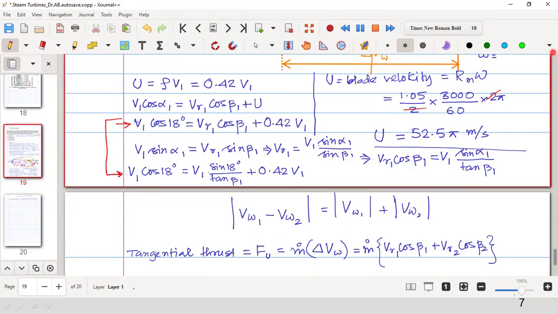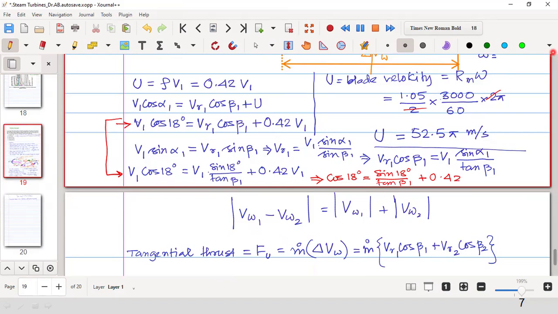So therefore we can write, that means basically cos 18 degree is equal to sin 18 degree by tan beta 1 plus 0.42.